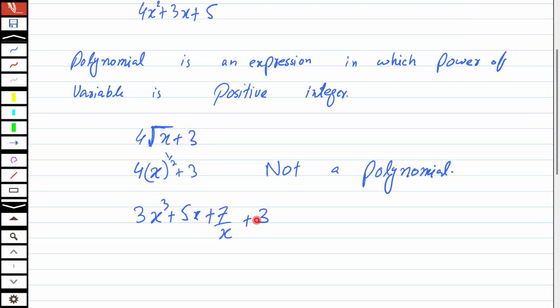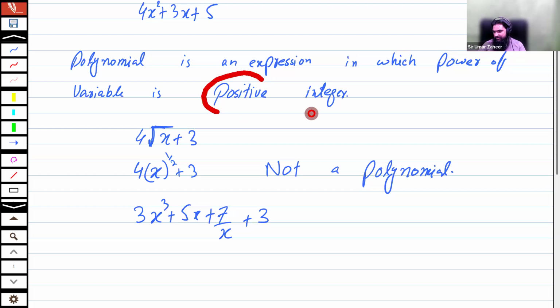Okay, look at here, the power of the variable must be a positive integer.